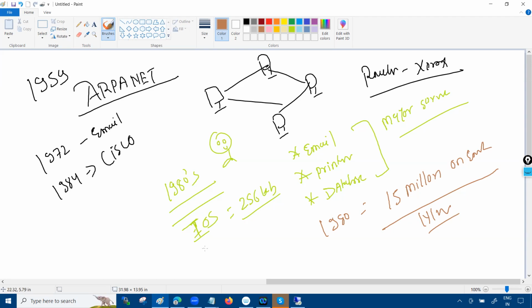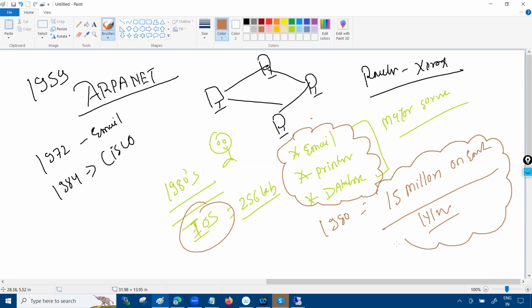But still, iOS was able to handle all the services, even as the users were gradually increasing.